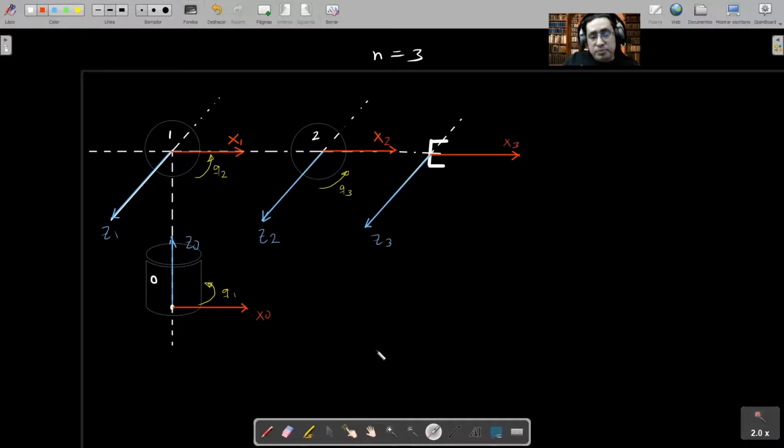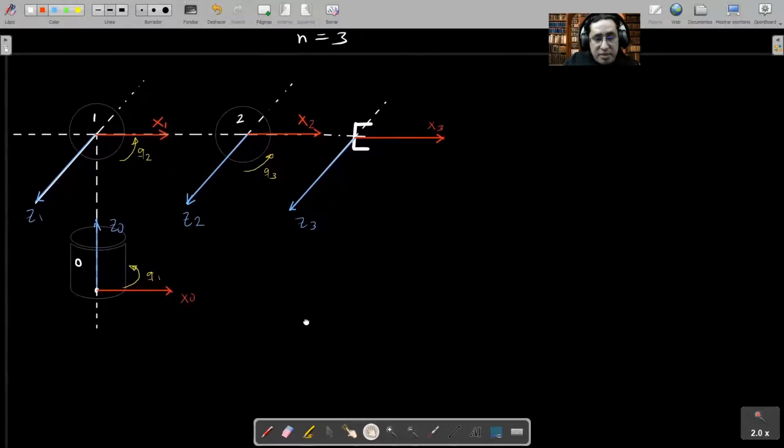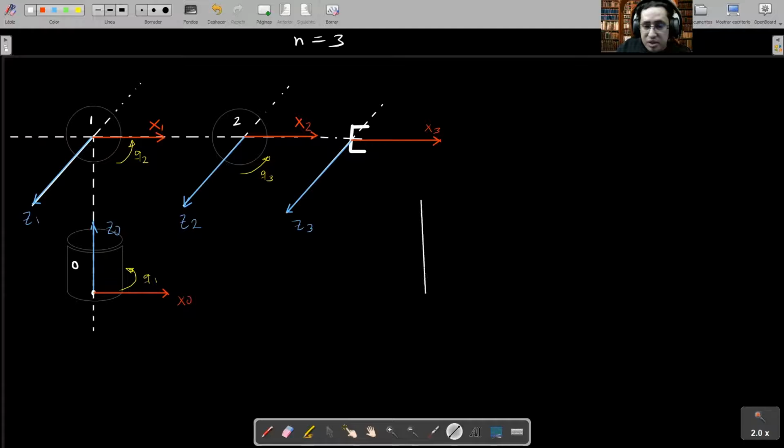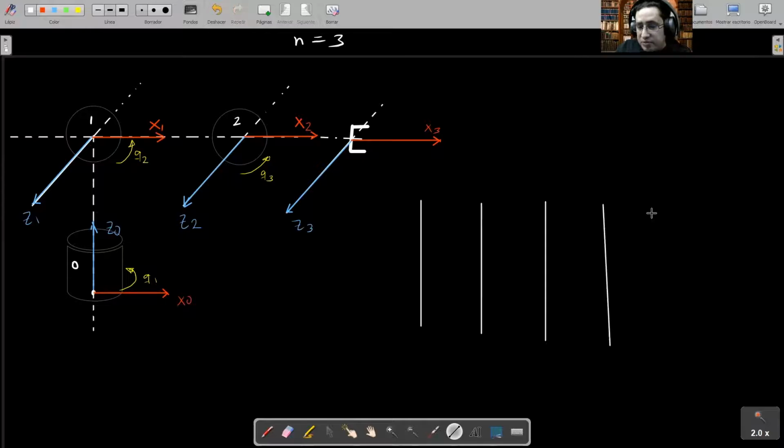Okay, now I believe we are ready to start computing the Denavit-Hartenberg parameters in accordance to their meaning. There are several interpretations for them. But, okay, these are 4 parameters. Then we're going to create here the table.